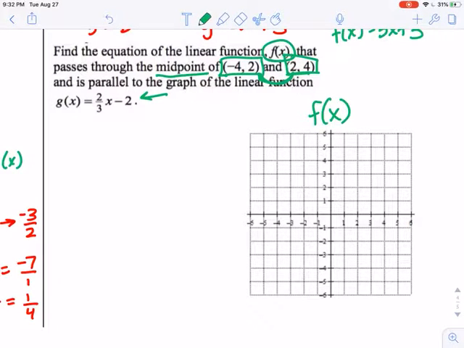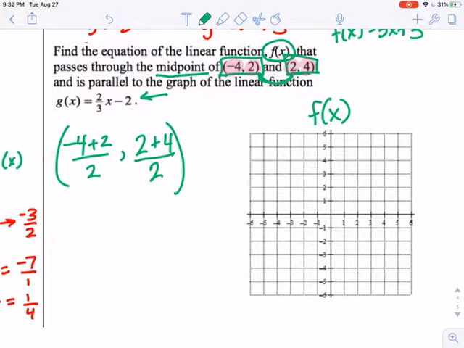What do we do? Add them up and divide by 2. So I'm going to take -4 plus 2 and divide it by 2. Those are my x values. And then y is 2 plus 4. Those are my y's over 2.